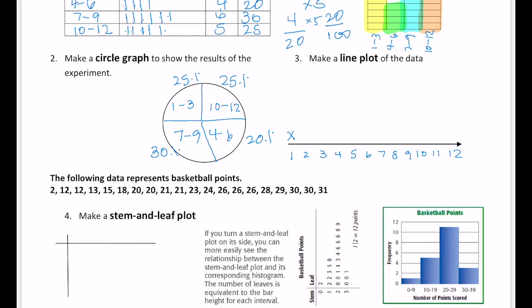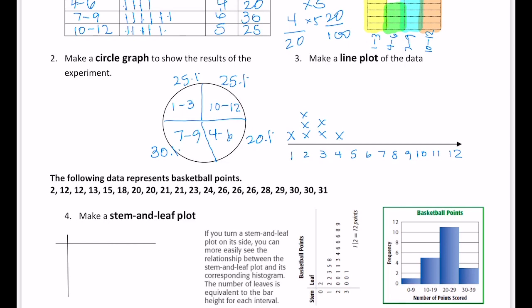I have 3 2s. 1, 2, 3. I have 2 3s. All right. Do I have any 4s? Yep, I have 1 4. Do I have any 5s?